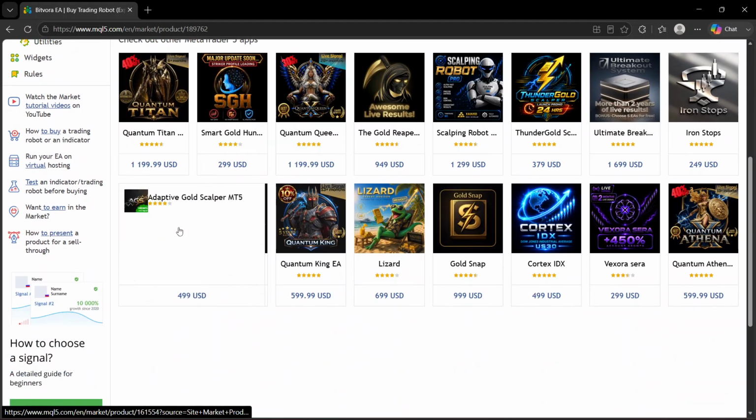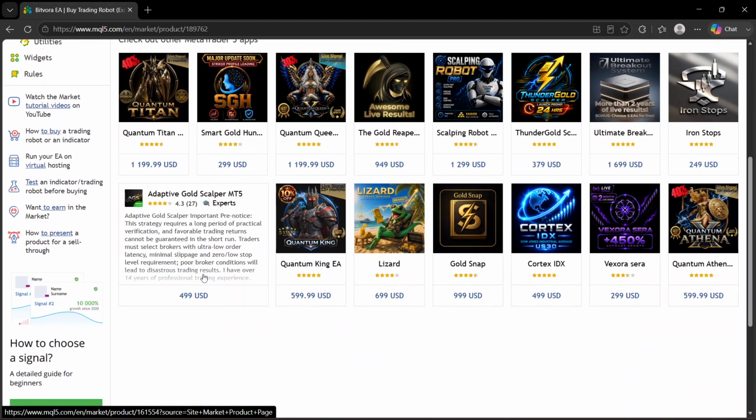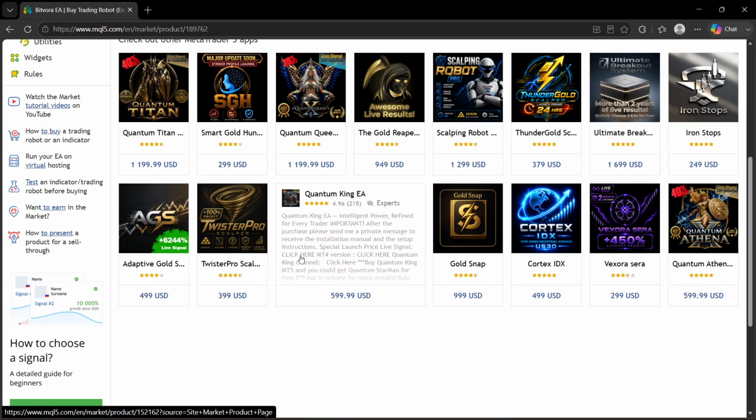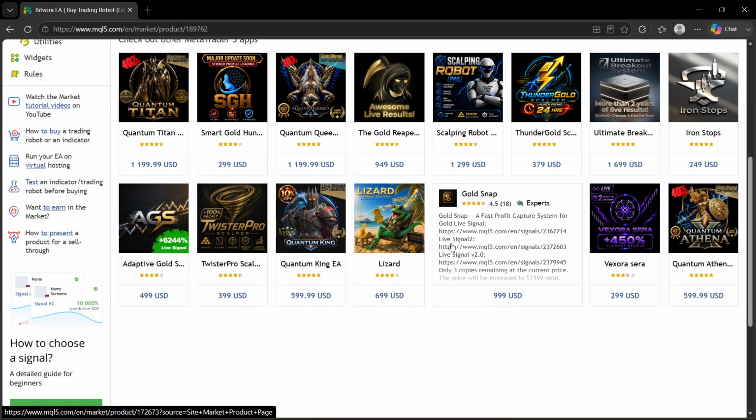And without the original description or set files, running a meaningful backtest of a black box EA that's been delisted doesn't tell us much anyway. Historical performance, when we can get it, is already only one piece of the picture. In this case, we don't even have that starting point.